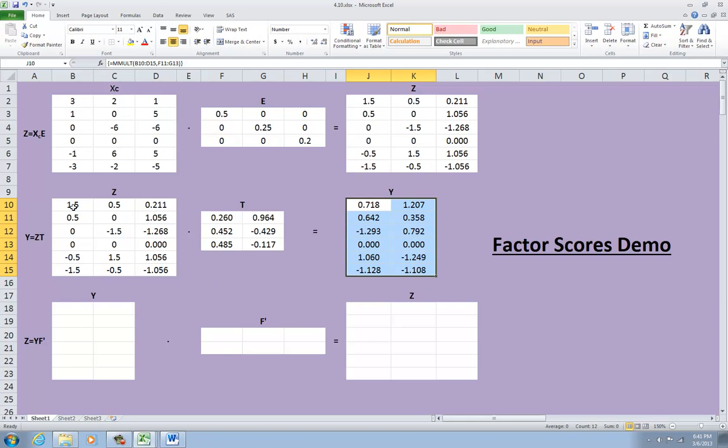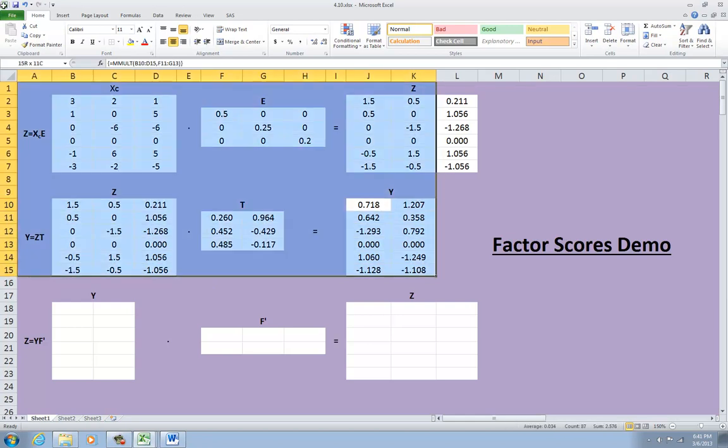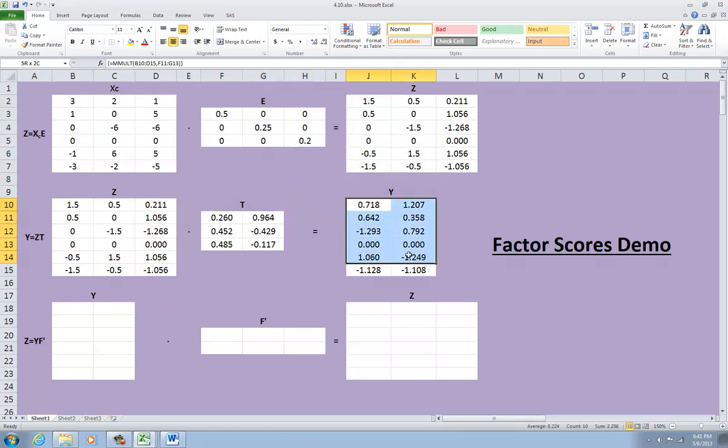So once again, Z are manifest variable scores, and Y scores are the latent variable scores. And the T eigenvectors are actually the coefficients for transforming the manifest variable scores into latent variable scores. So like I said, it's a transformation matrix, and these are the coefficients needed to transform from manifest to latent variable scores.